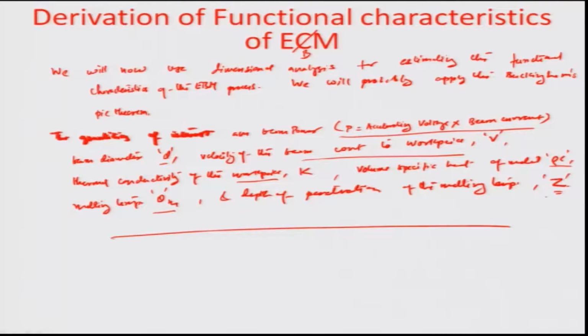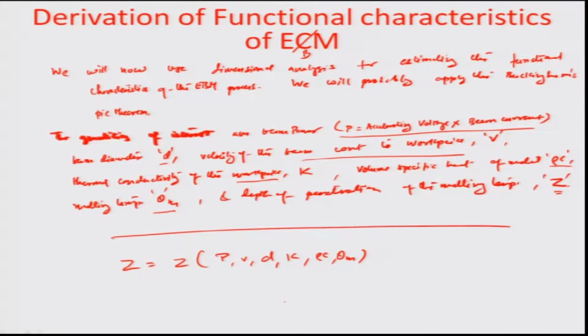So, with this we would now like to estimate some dimensional groups which are going to be non-dimensional groups. Our functional relationship finally would be that Z, the depth of melting temperature, is a function of all these different parameters: the beam power, the velocity of scan, the diameter of the beam, the thermal conductivity K, the volume specific heat, which is the density specific heat capacity product rho c, and the melting temperature theta m.